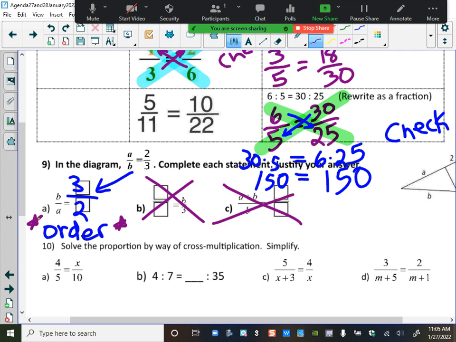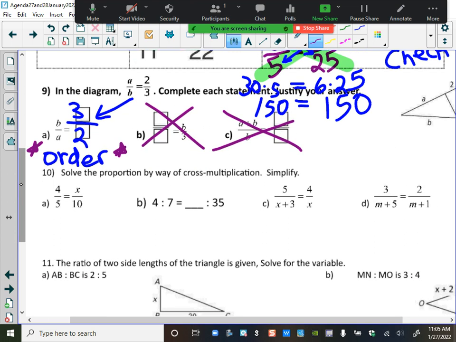It might be a little while. But with these sets of problems, it's similar to before. You do your crossing, cross multiply. Do that 5 times x equals 4 times 10.